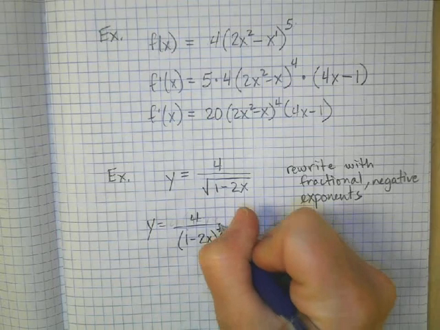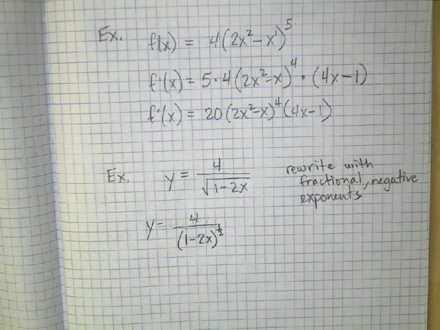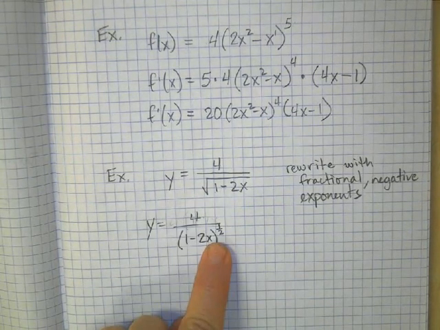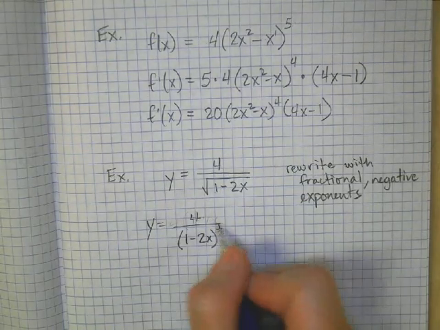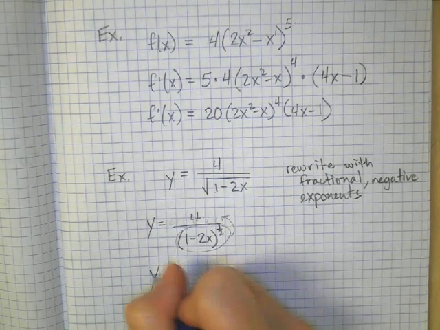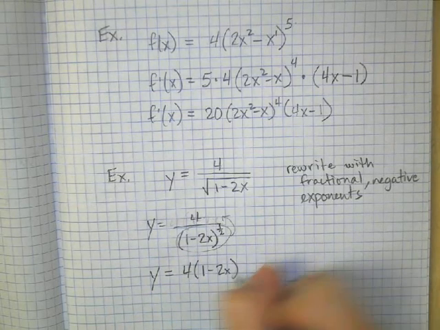Square root is the same as 1/2 as an exponent. Now let's move it, okay? So I wrote the square root as a fraction. Now I'm going to move this whole thing to the top, and it's going to become negative. So y equals 4 times 1 minus 2x to the negative 1/2.